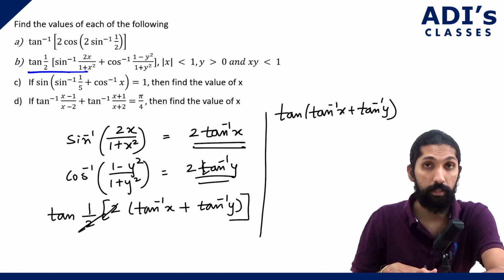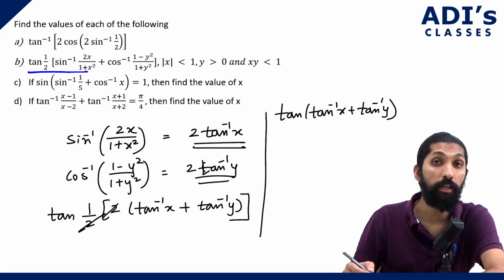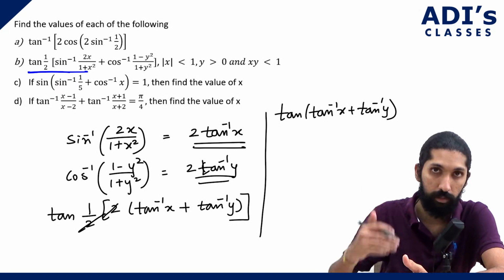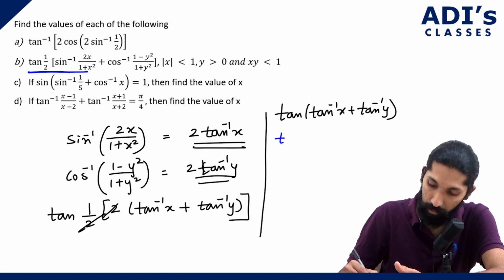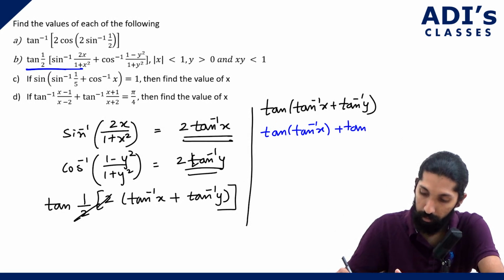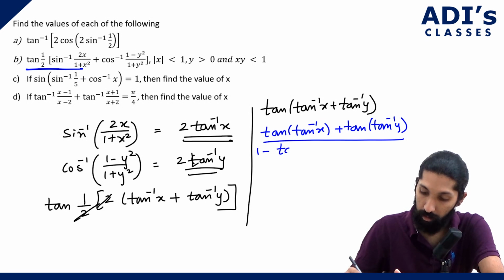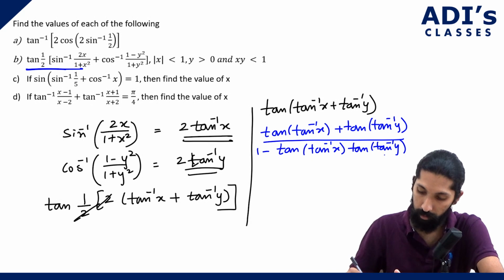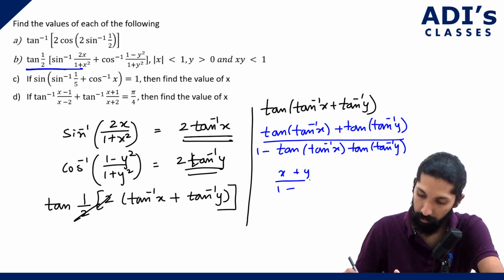So in this case, I'll use the tan formula, because personally it's easier for me to expand it that way. So you have tan of tan inverse x plus tan of tan inverse y by 1 minus tan of tan inverse x into tan of tan inverse y, which is basically x plus y by 1 minus xy.